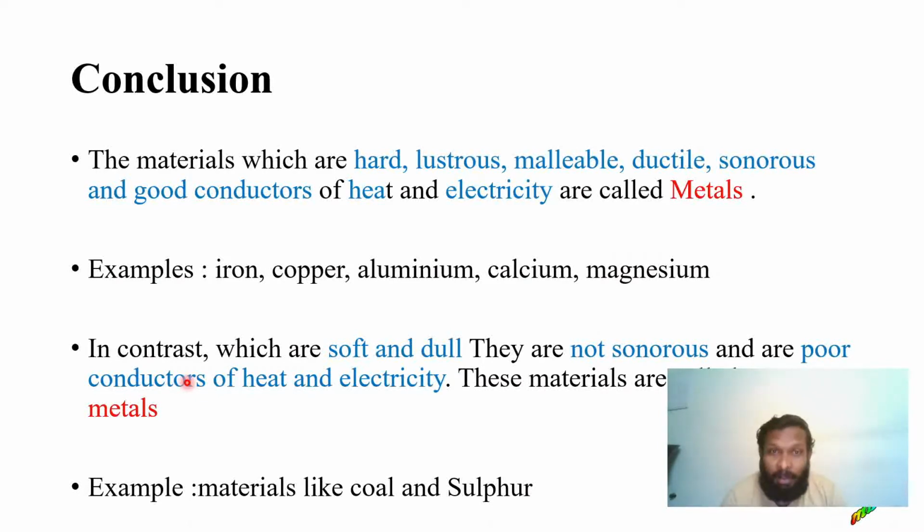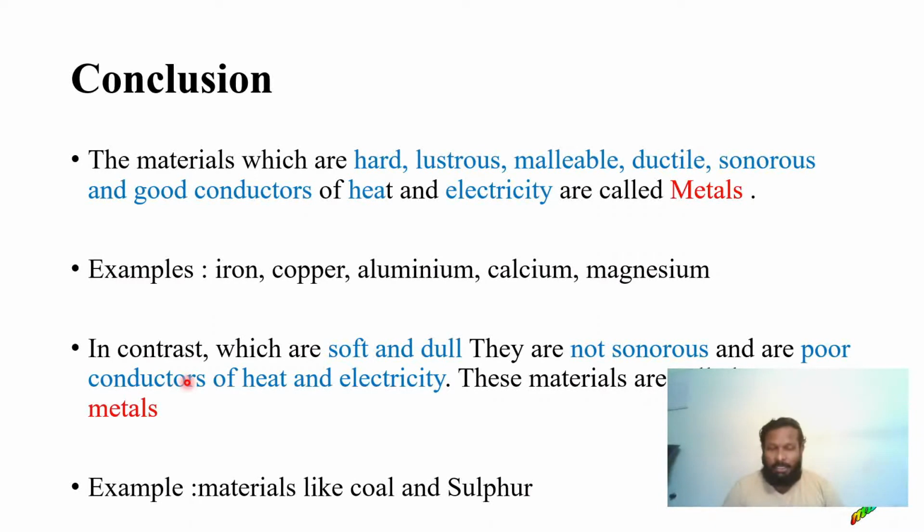These metals are hard and solid at room temperature, malleable so they can be converted from one shape to another, like aluminum foil, ductile like copper wire, sonorous, and able to conduct heat and electricity.